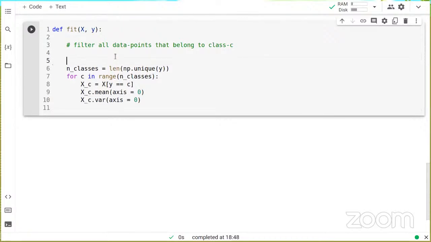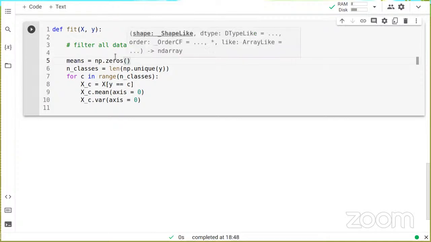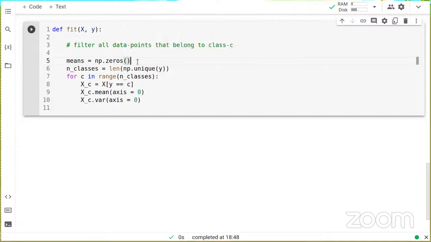I'll say means will be np.zeros of. Now what should be the size of this array? Number of classes by features.